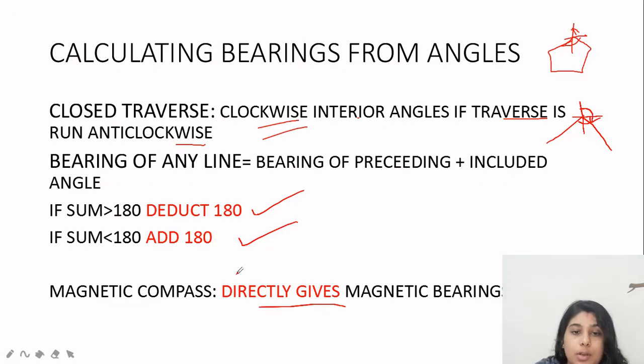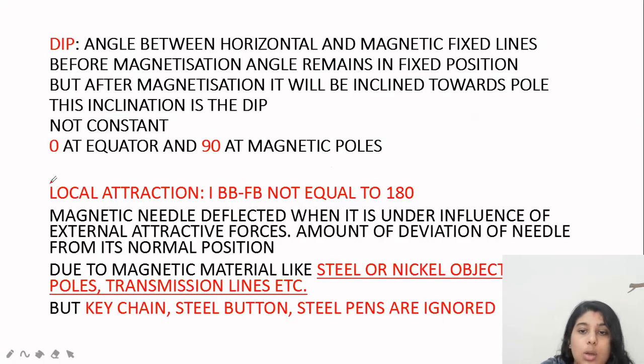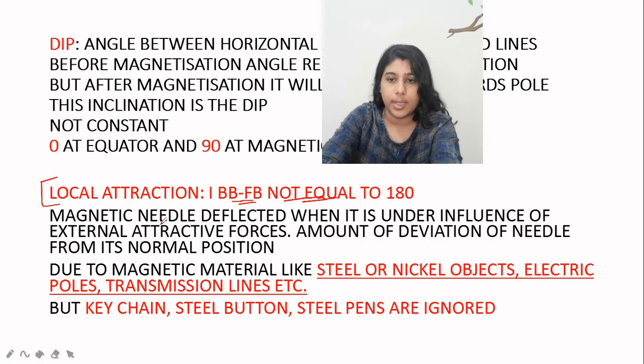Dip and local attraction. First we study local attraction, because we have just studied that back bearing minus forebearing will always be 180. But in some cases, if it is not equal to 180 degree, we have to understand that there is some magnetic influence in that area. That is why some deviations occur from the normal position.